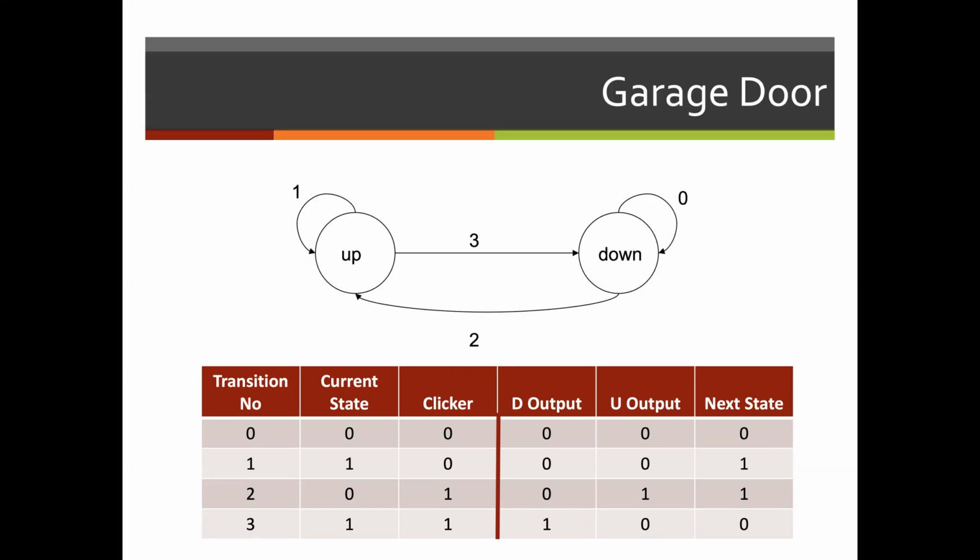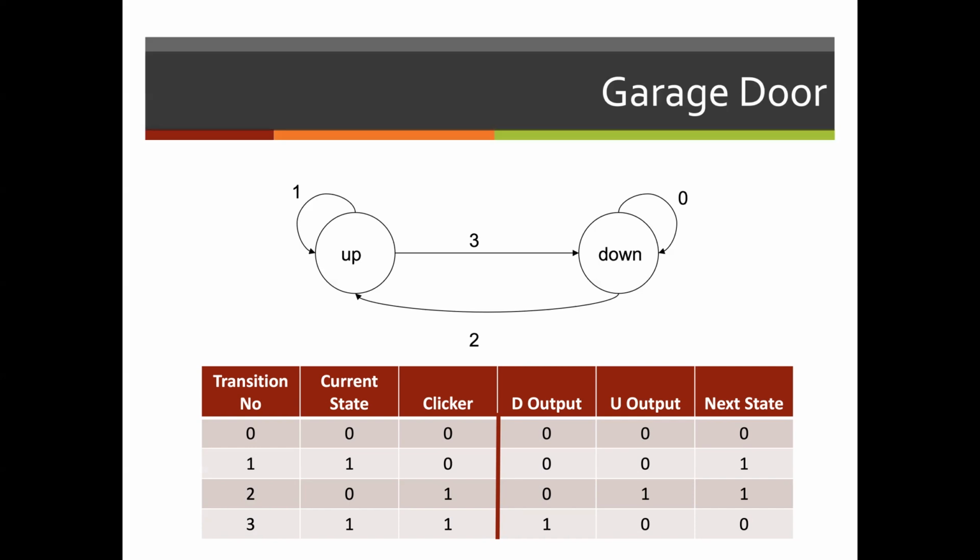Within this, we consider that the input into an appropriate state would be a person pressing the garage clicker. And this can be used to denote a change in state.